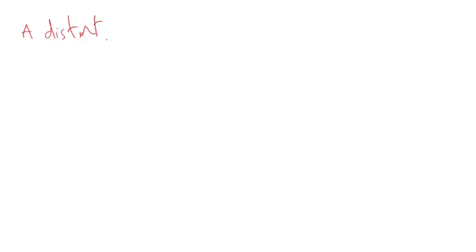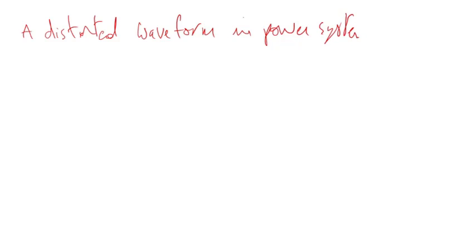So as we know, typically any distorted waveform in a power system typically only contains odd harmonic components.